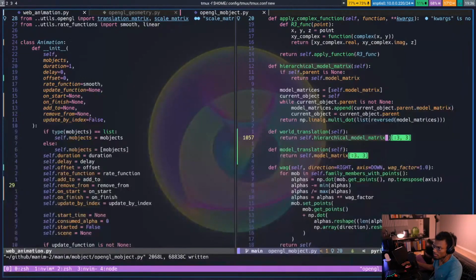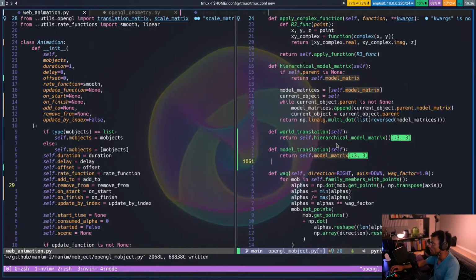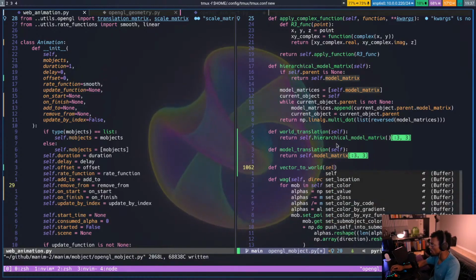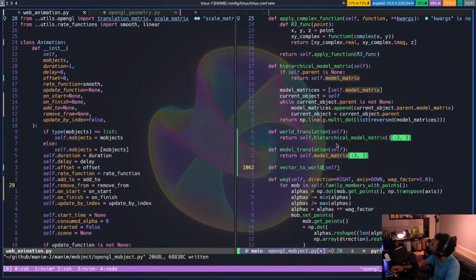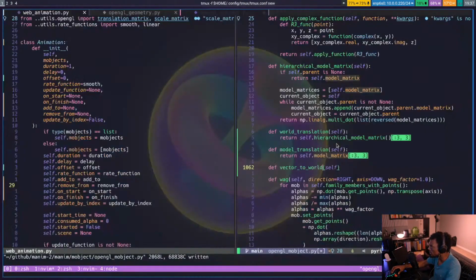And this definitely needs its own function. World translation, model translation. I need like def, like vector to world, vector to model to world.